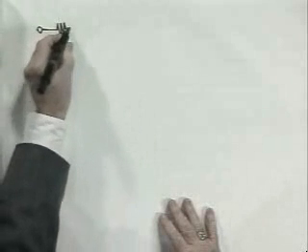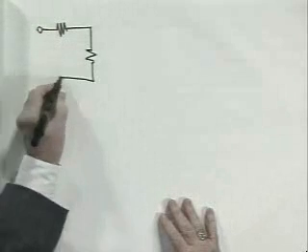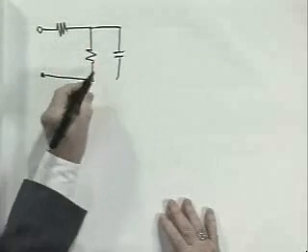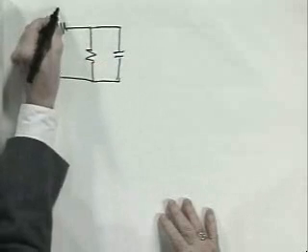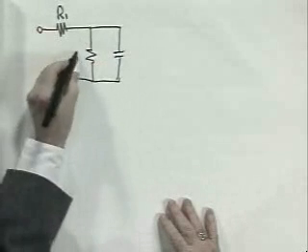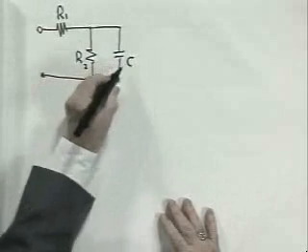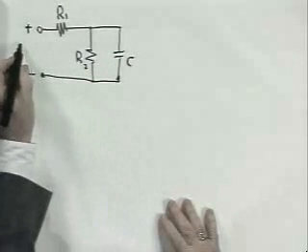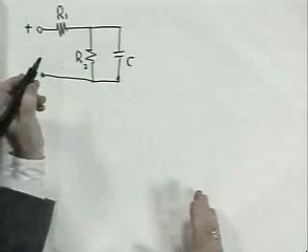Two resistors and a capacitor. This is R1, R2, and C. And I'm going to apply a voltage here. It's really a time function.